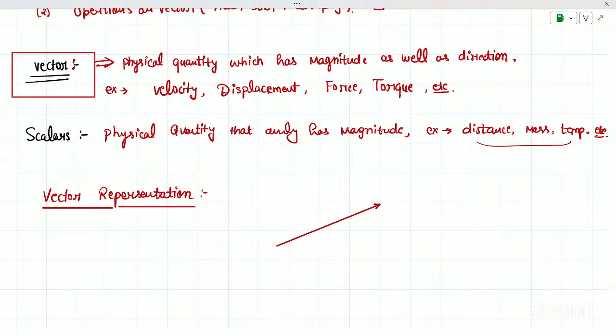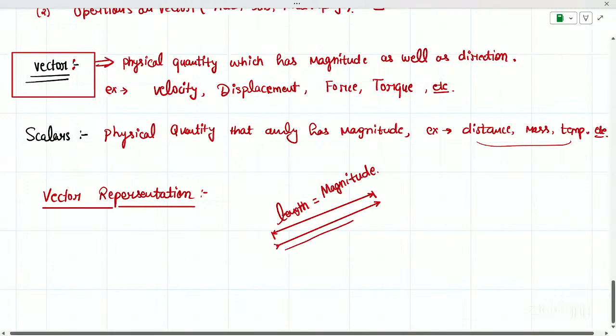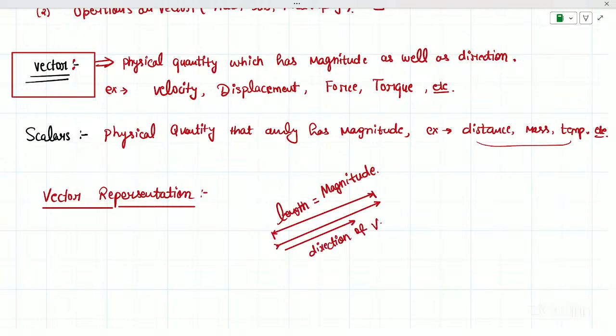An arrow. The length of this arrow represents the magnitude of the quantity. More the length, more is the magnitude. And from tail to the head, it is the direction. Head is representing the direction of the vector.